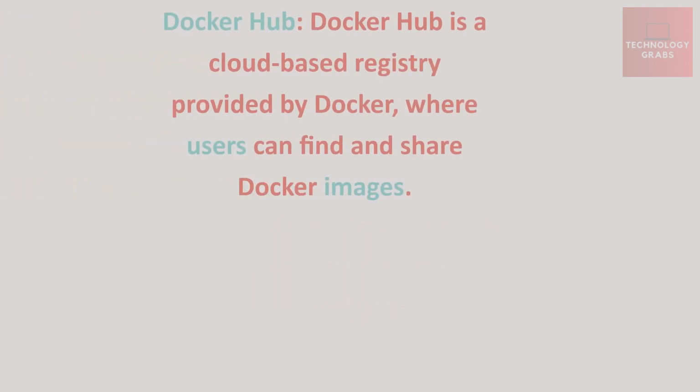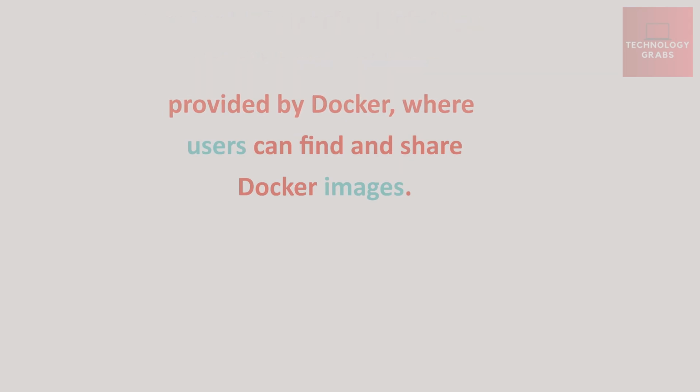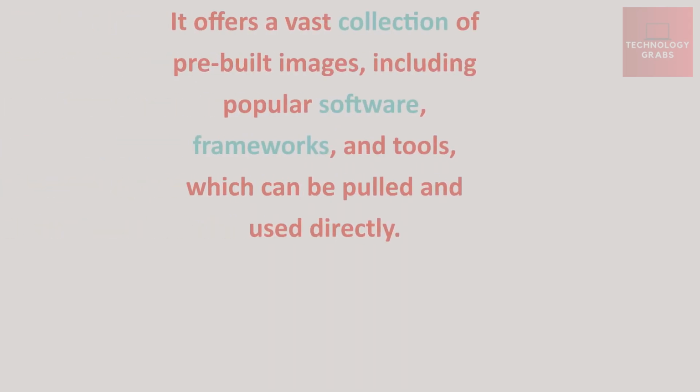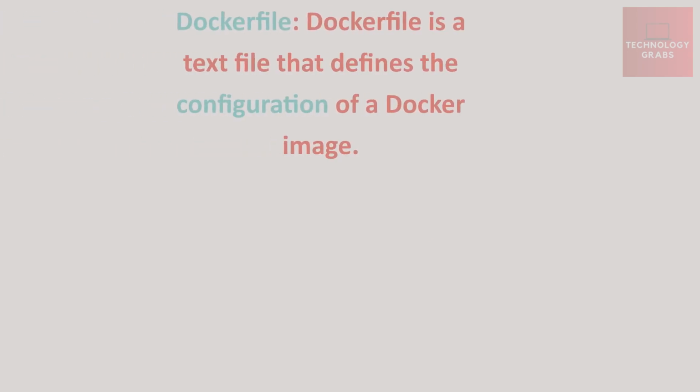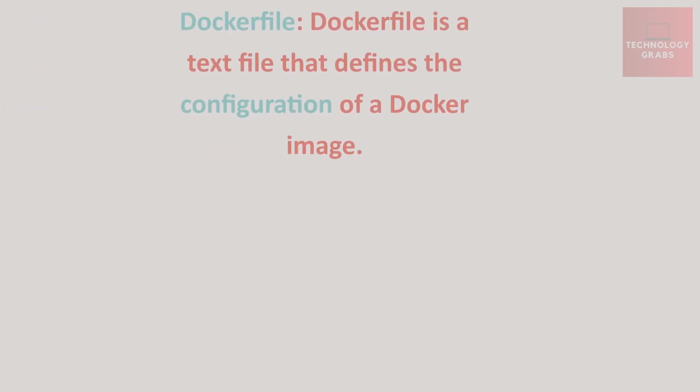Docker Hub. Docker Hub is a cloud-based registry provided by Docker, where users can find and share Docker images. It offers a vast collection of pre-built images, including popular software, frameworks, and tools, which can be pulled and used directly. Dockerfile. Dockerfile is a text file that defines the configuration of a Docker image.